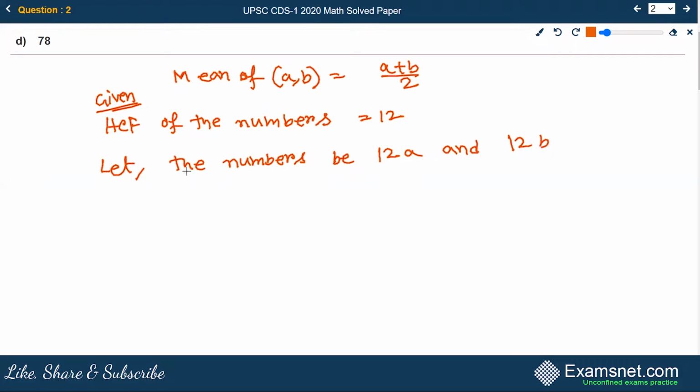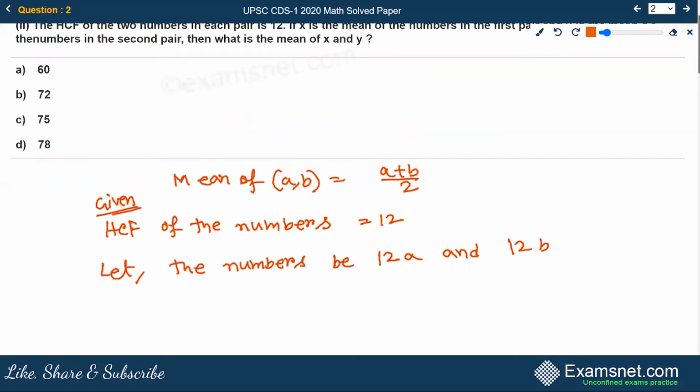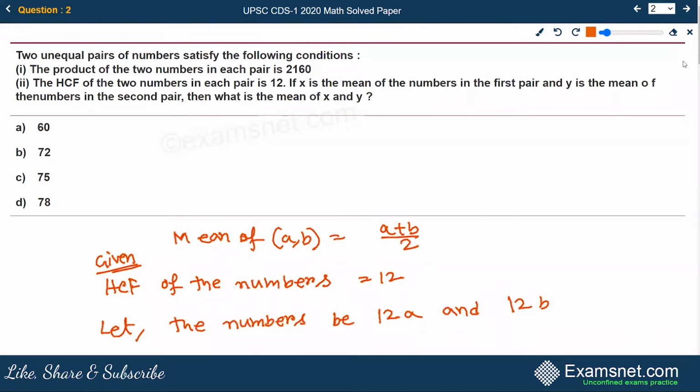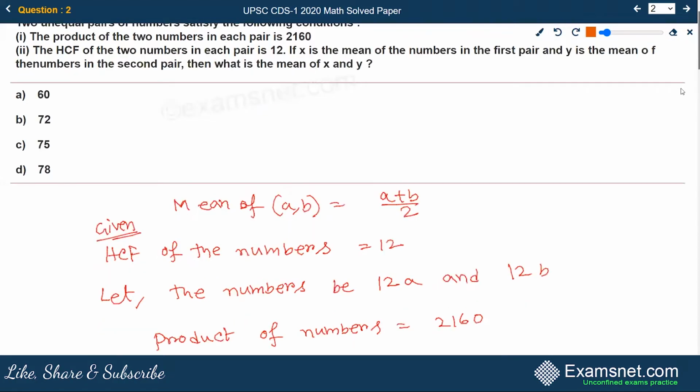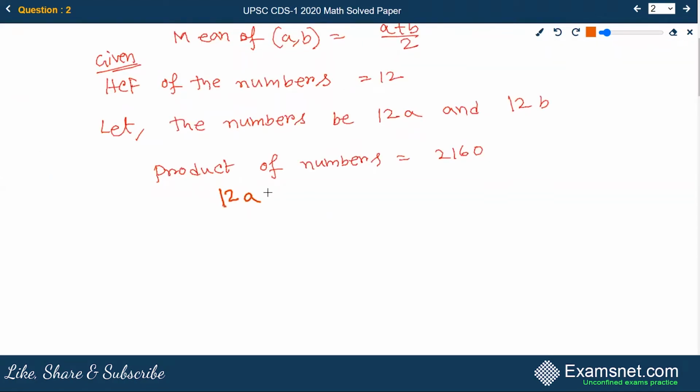Now we are given that the product of the numbers is 2160. So 12A multiplied by 12B equals 2160. So the product of A and B will be 15.